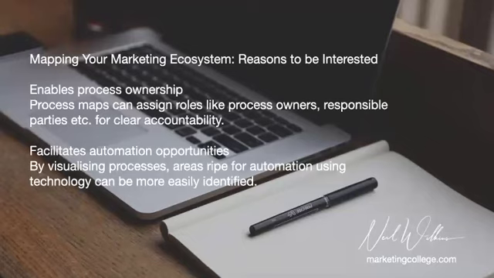And of course, what that requires is that you need to enable some kind of process ownership. So certain maps will be owned by certain process owners, and they will have particular roles. So having clear responsibility for certain parts of the process gives them clear accountability.